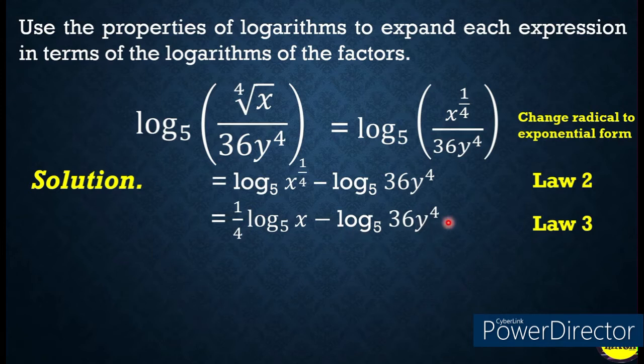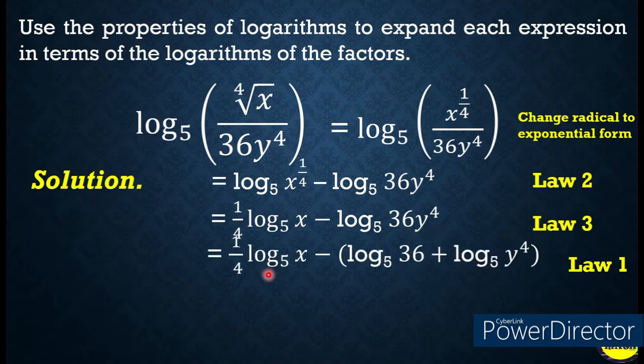Okay, so ito ay product. So, hindi natin siya pwedeng isabay na ilagay natin yung 4 dito. Okay, so kailangan muna natin i-expand yung expression na to. So, after that, using law number 1 or the logarithm of a product, expand natin yung 36 and y to the 4th power.